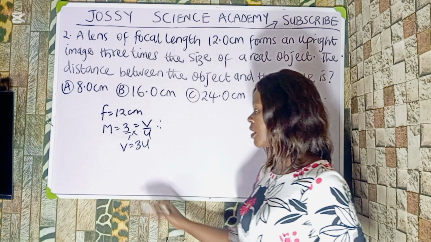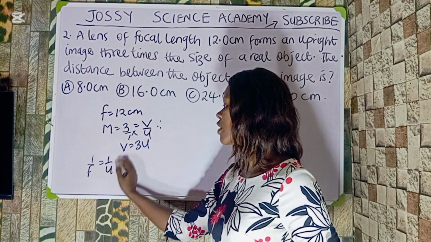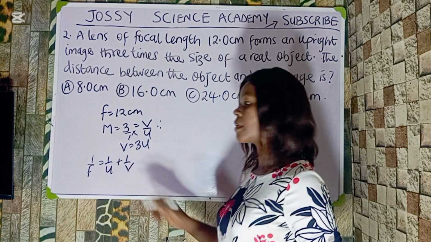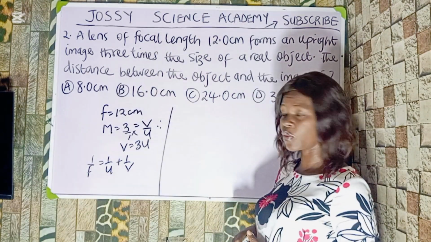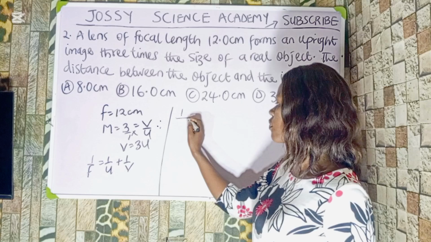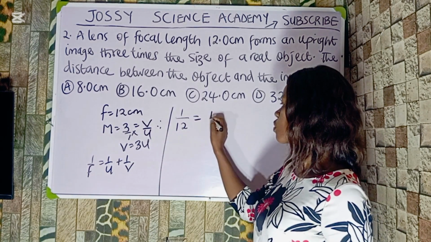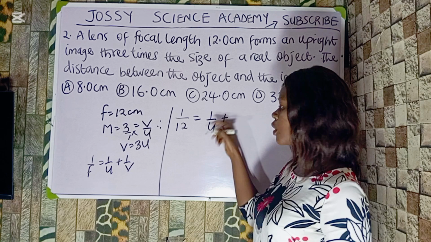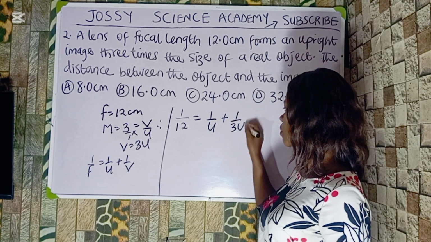Using our lens formula, which is 1 over F equals 1 over U plus 1 over V, right? Now what do we do next? Let's substitute into what we have by saying that 1 over my F is 1 over 12, equal to 1 over U plus 1 over my V, which is 3U, so 1 over 3U, right?